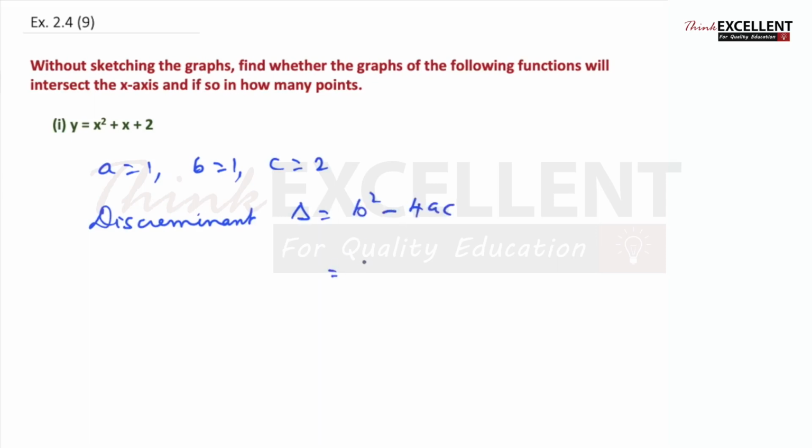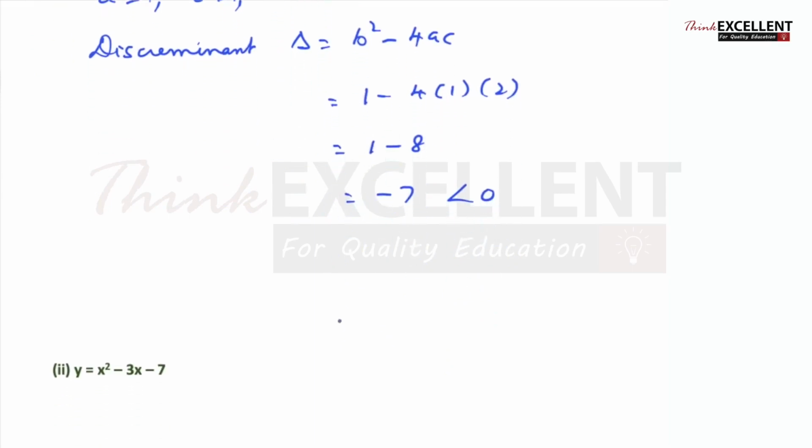B square, 1 square is 1, minus 4 into A value 1, C value 2. So what are you getting? 1 minus 8, you are getting minus 7, negative. So the roots are not real, right? Roots are not real. You can also say roots are unreal, or roots are imaginary.